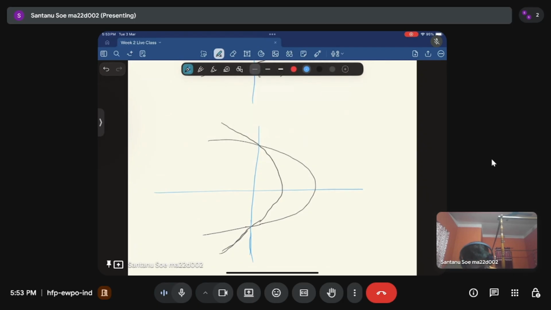Okay, so this point is (3, 0), and this point is (1, 0). This is (0, root 3).